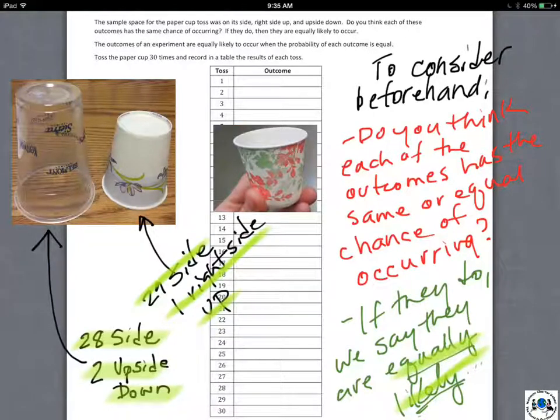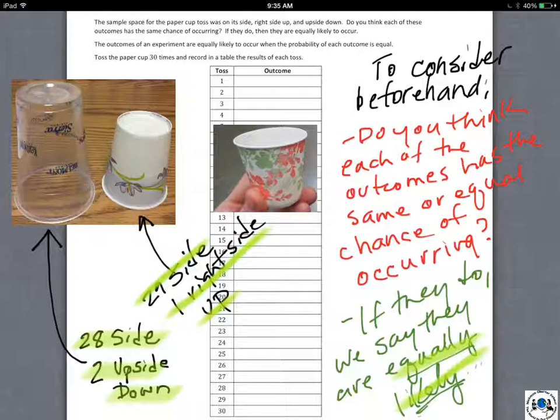I recommend a little teeny tiny Dixie cup, and I could not find one here at school. But maybe you did, or maybe I will later. I know I have some of these somewhere, and we can run some more trials and see if that changes our outcomes at all.